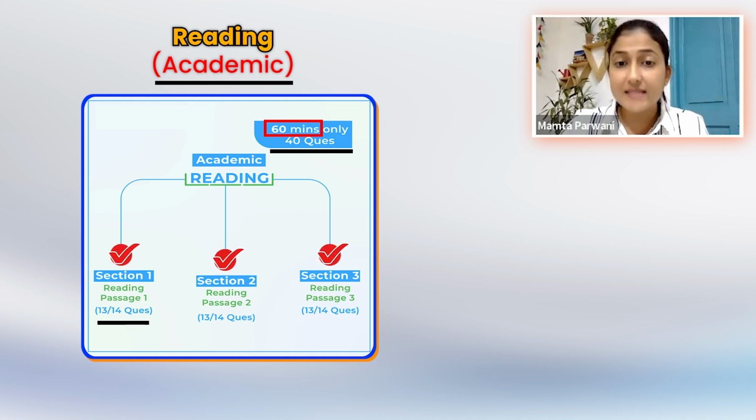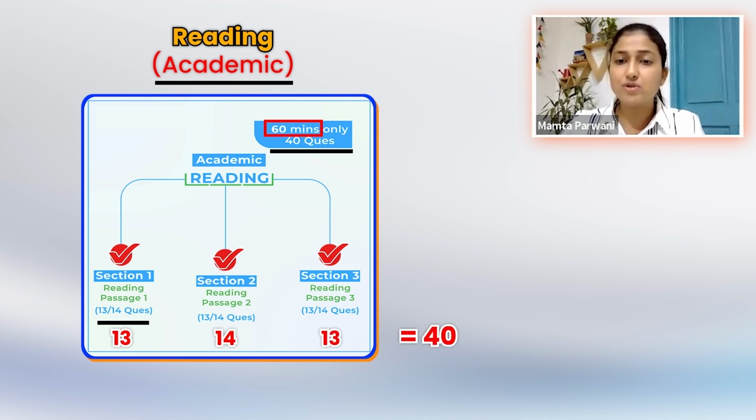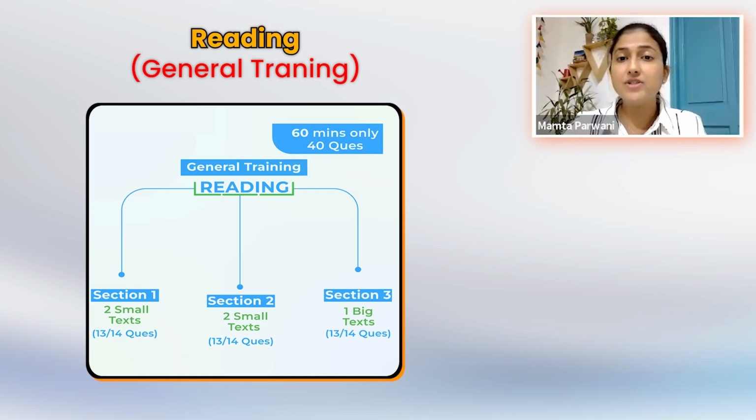In each section there would be 13 to 14 questions, which means, for example, if section 1 has 13 questions, section 2 has, let's say, 14 questions, then section 3 will obviously have 13 questions, so that the total comes to 40. Clear?